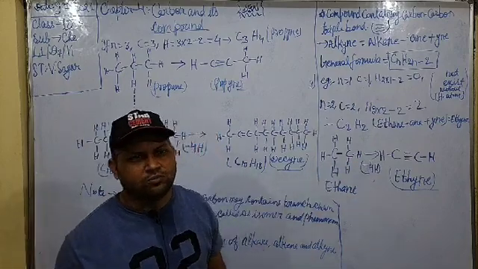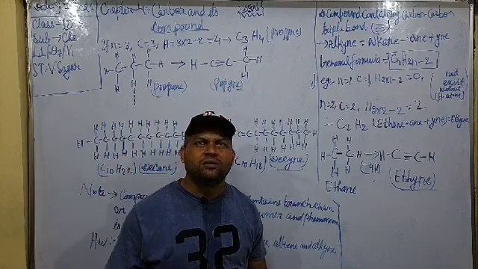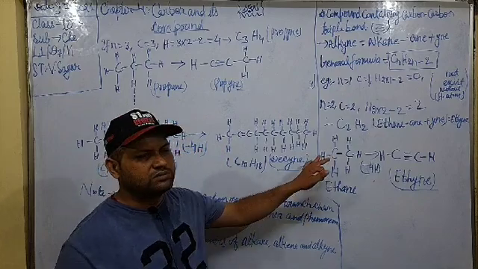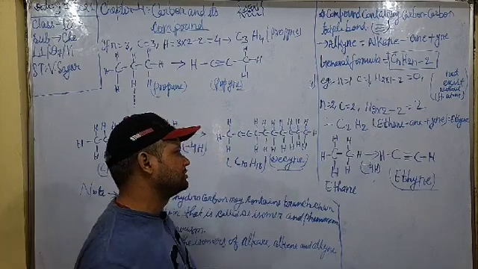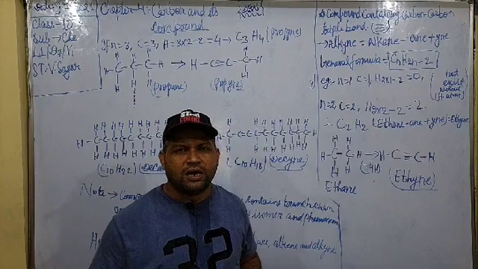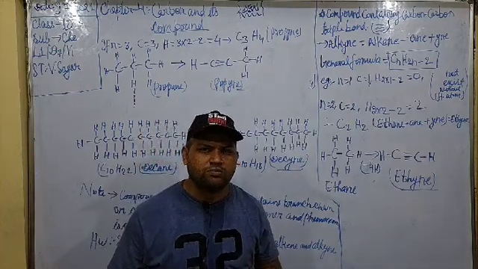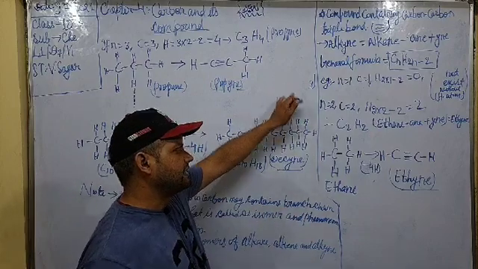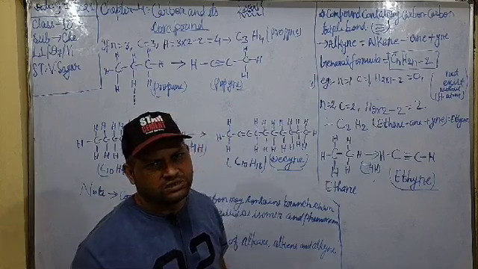The general formula of alkene is CnH2n, and the general formula of alkyne is CnH2n minus 2. The first member of alkene is ethene, and the first member of alkyne is ethyne, and I have discussed the related structural formulas of these compounds.